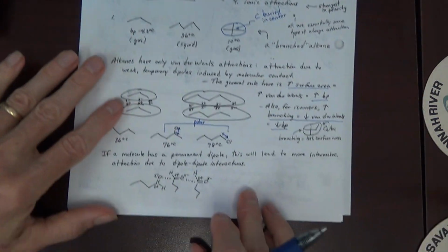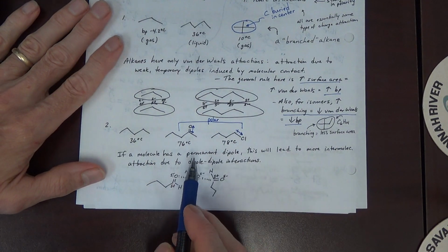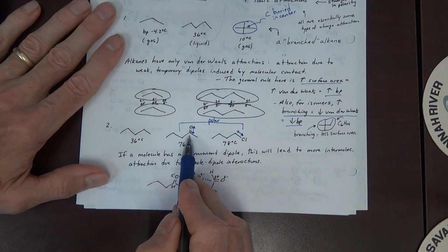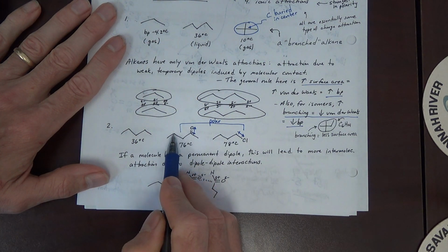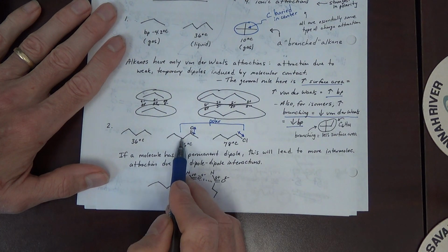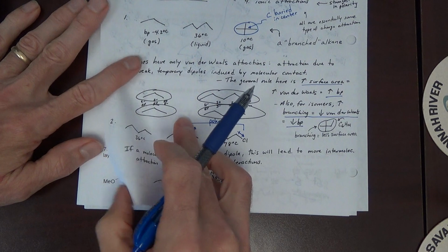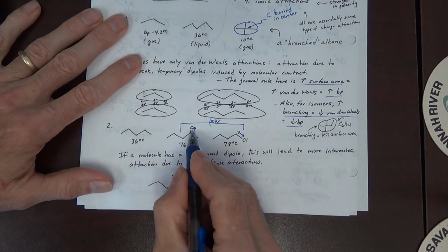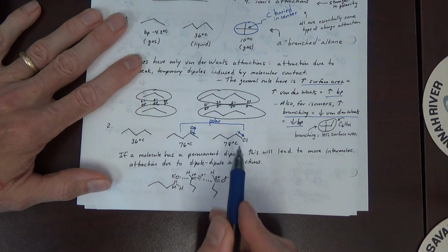Now, if we go back over here, this molecule only has one dipole. There's nothing that can cancel it. Your carbon-carbon, there's no dipole. CH, there's no dipole. Nothing to cancel that dipole, nothing to cancel this dipole, and so they're net polar molecules.